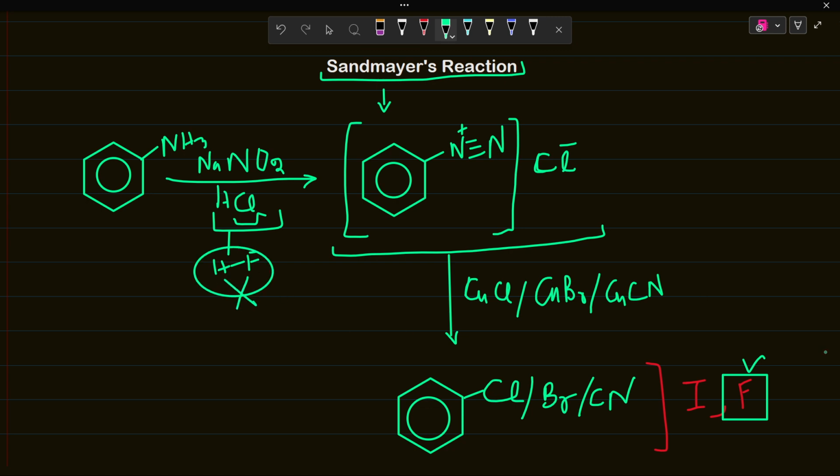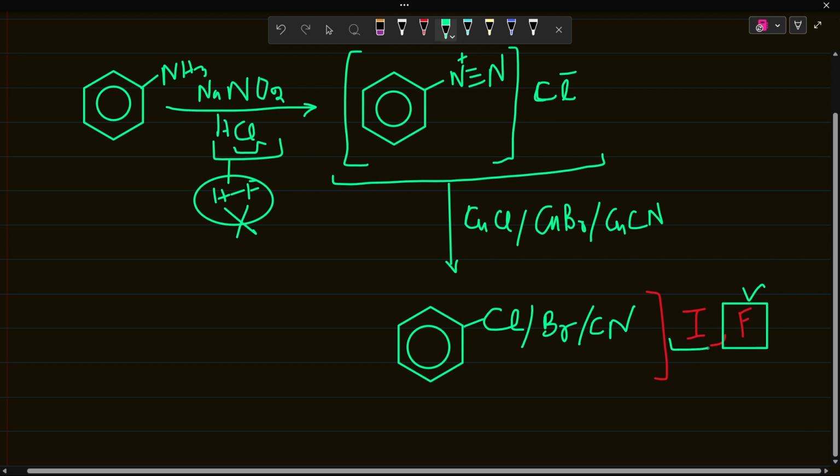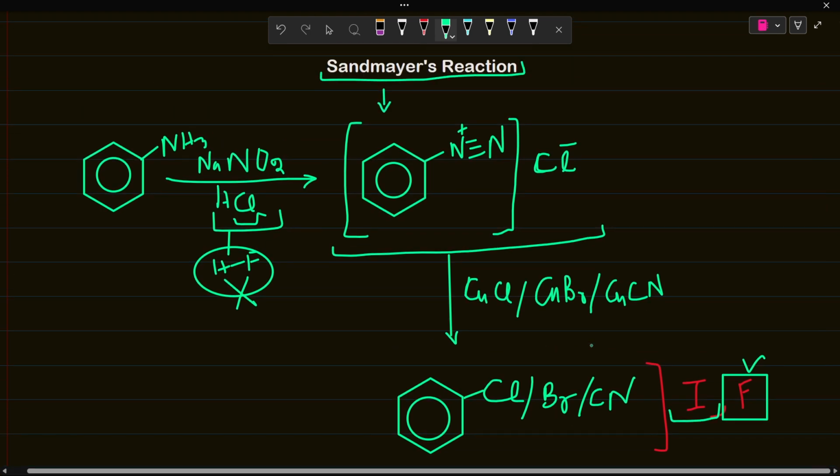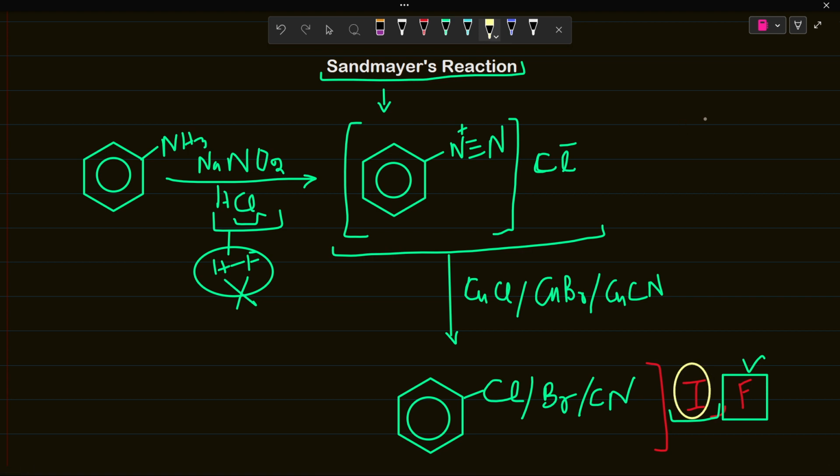Fine. So why can iodo not be formed? Because if you see, iodine is very highly nucleophilic, so it won't be following this path.